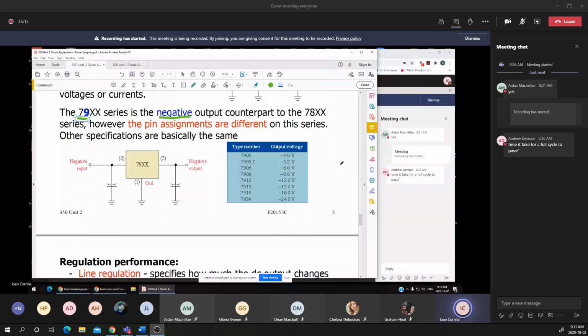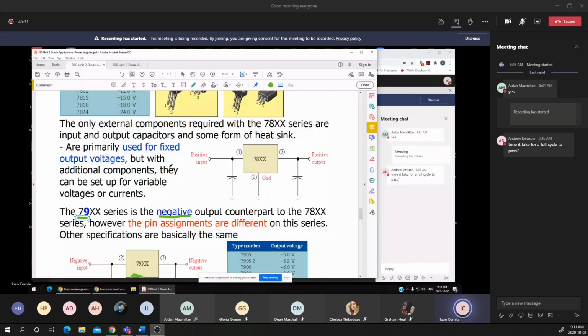The other difference is in terms of the pins. Pins 1, 2, and 3. You notice that for 7900, pin 1 is the ground, pin 2 is the input, and pin 3 is the output. For the 7800, pin 1 is the input, the second pin, the middle pin, is the ground, and the third pin is the output.